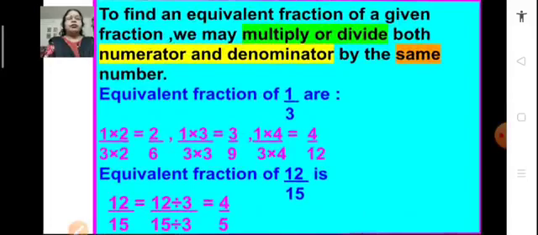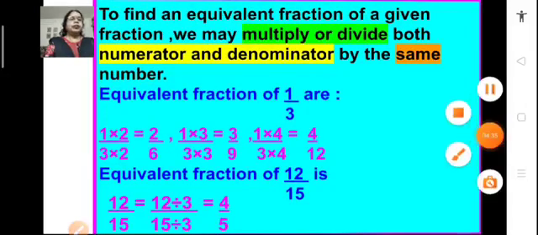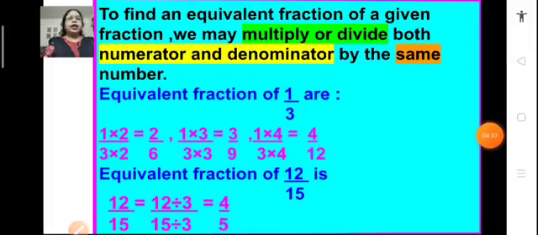Now how do we find the equivalent fraction of a given fraction? To find an equivalent fraction of the given fraction, we multiply or divide the numerator and the denominator of the fraction by the same number. So what is the first method? The first method to get an equivalent fraction of a given fraction is by multiplying both the numerator and the denominator by the same number.